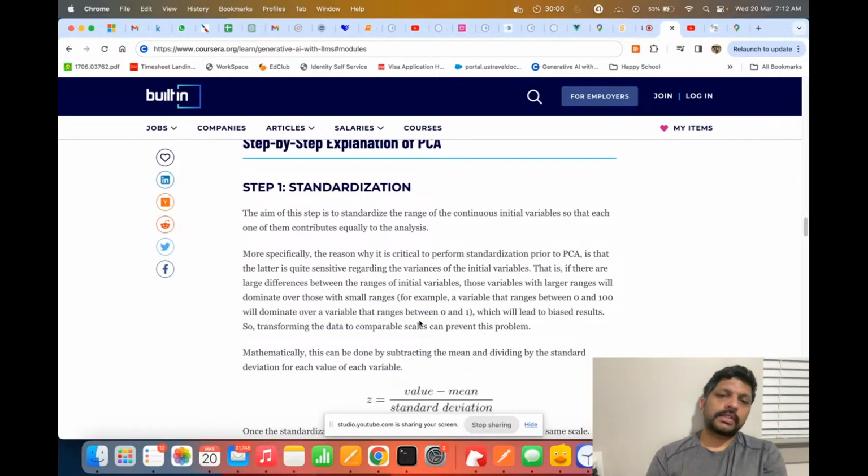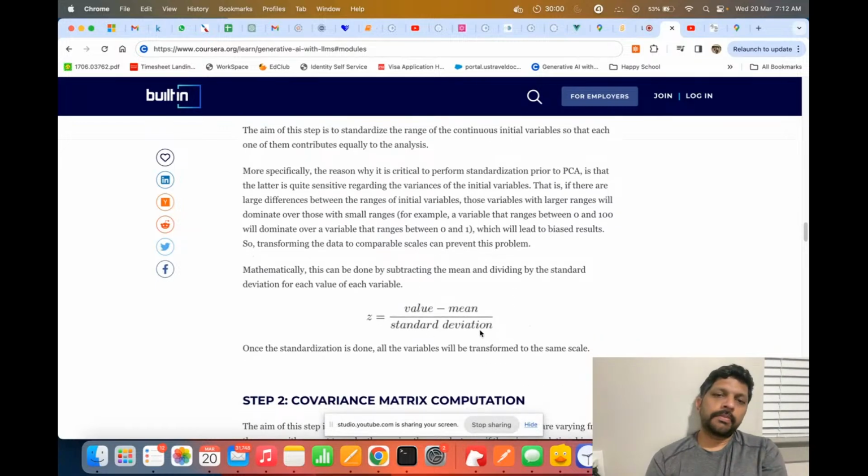Step one, standardization, is value minus mean divided by standard deviation. We calculated how it is. So what happens if we do this is value minus mean. Once you do it, the mean of these numbers will become zero. You remember we asked ChatGPT to calculate and it was not calculating properly because of rounding off the numbers. So value minus mean by standard deviation.